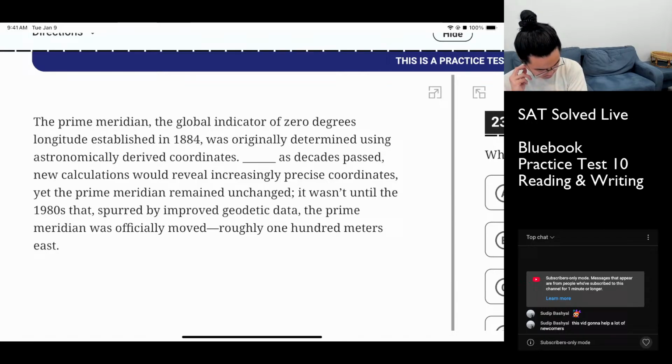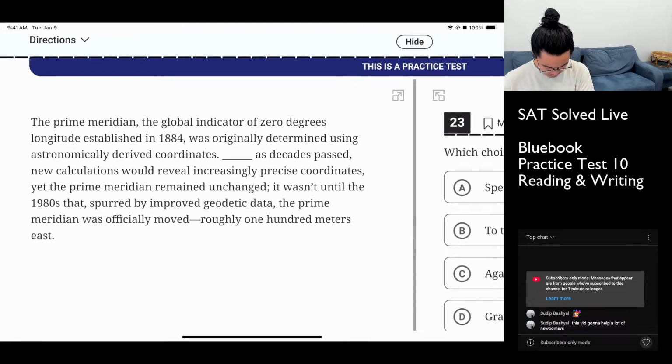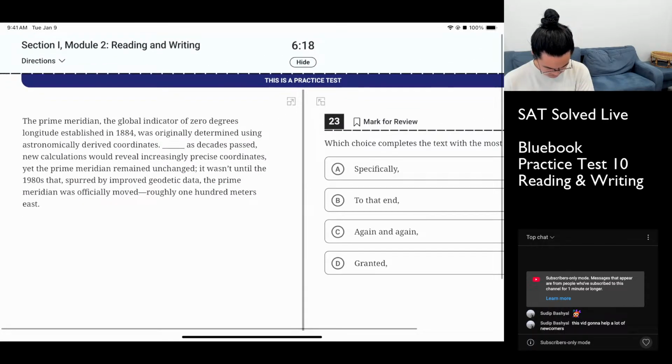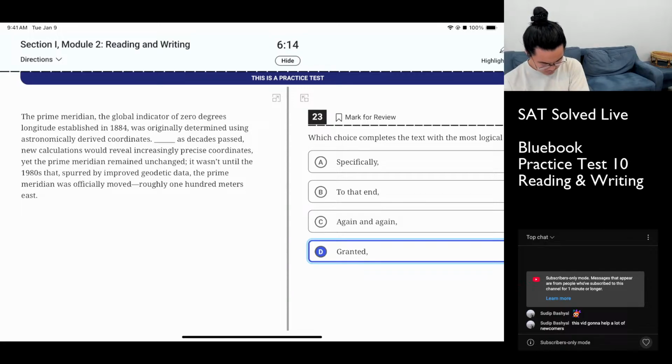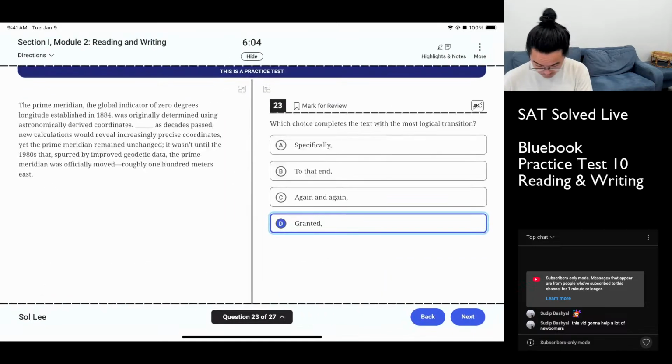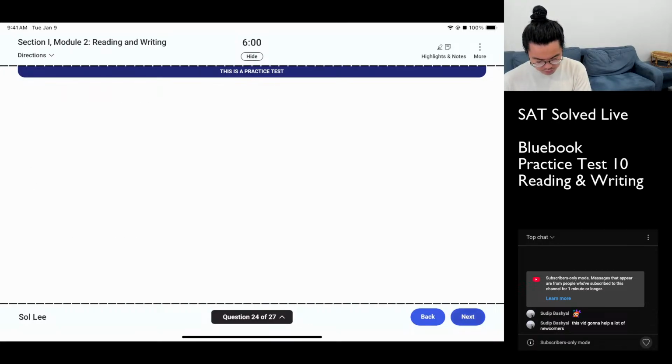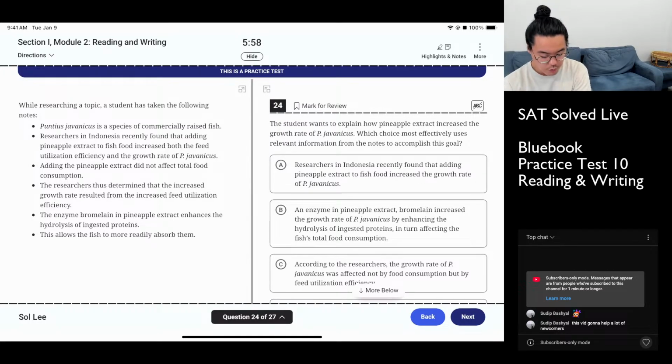It wasn't until... granted, well, is that correct? Granted. I guess D is the only one. Again and again. No, specifically. Nope. Nope. Okay, I had to do process elimination because that sounds a little odd to me, but that works. Okay, 24. I have 6 minutes left.